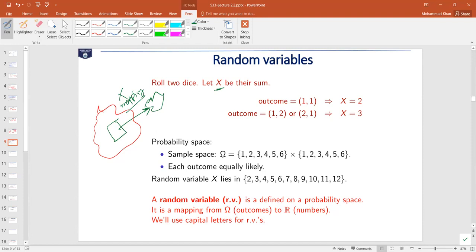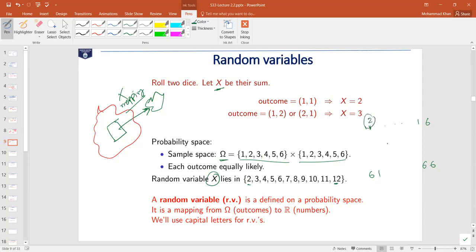For example, we have a sample space. That means we are rolling 2 dice. And now, if we talk about the sum of the 2 dice, X will have values from 2 to 12, because the combinations will start from 1 1 to 1 6, and it will end at 6 6. So the values will start from 2.